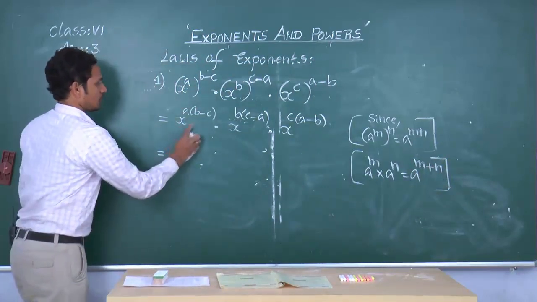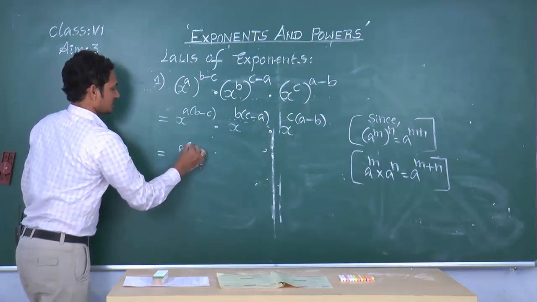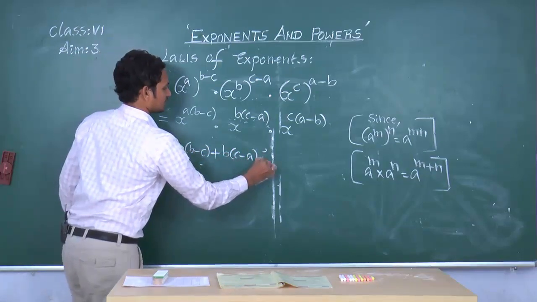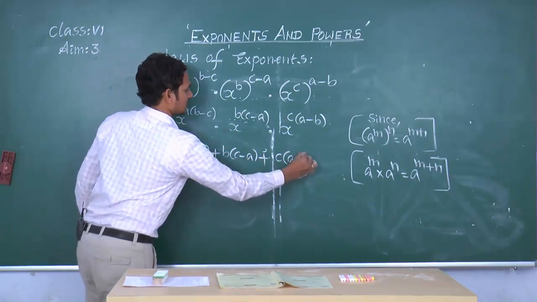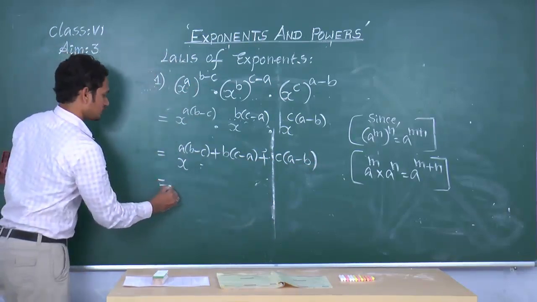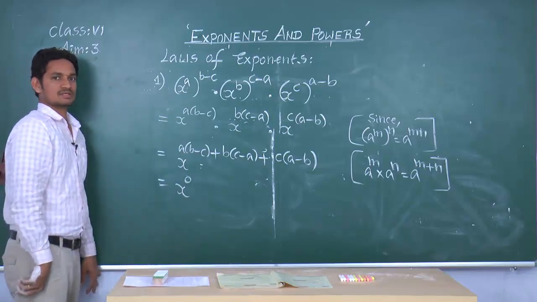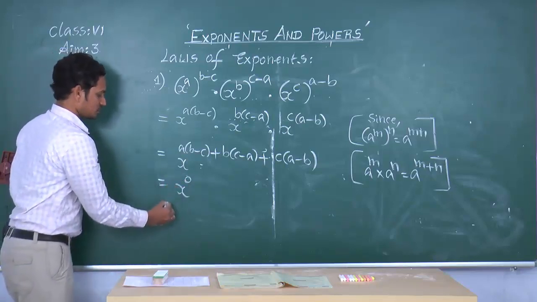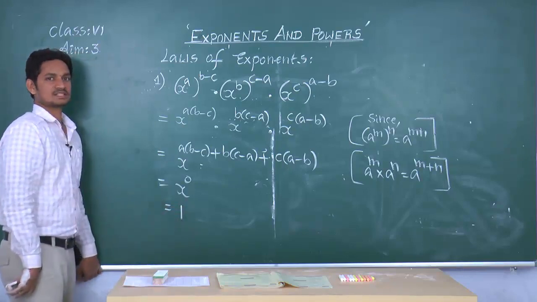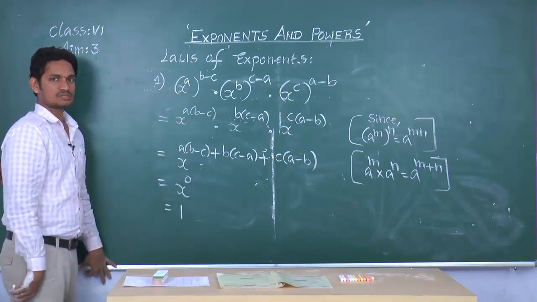So in all these cases the bases are the same, so we can write it as x power [a into (b minus c) plus b into (c minus a) plus c into (a minus b)]. If you simplify, we get this value as 0, and since anything power 0 is always 1, the answer is 1. This is the way to solve a question by using all those laws.